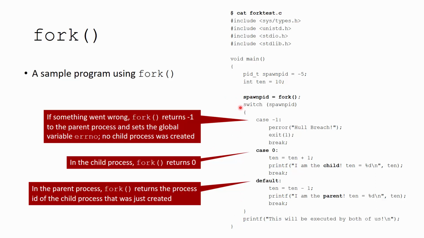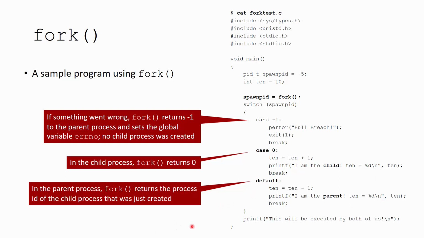And it hits this switch statement and goes to the default because spawn pid is neither -1 nor 0. It's anything else. And in particular, the spawn pid is the process ID for the child that was just created. So the parent knows the process ID of what it just created so that it can, for example, delete it later, check on it later, whatever it needs to.